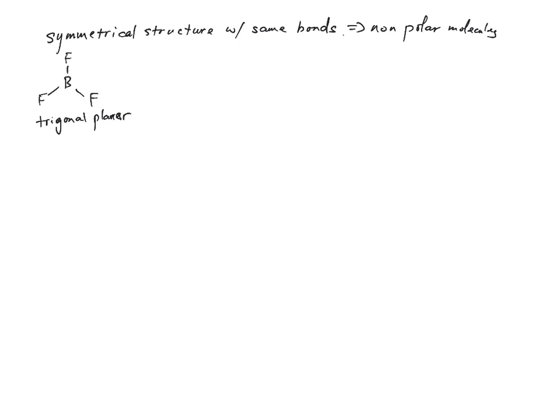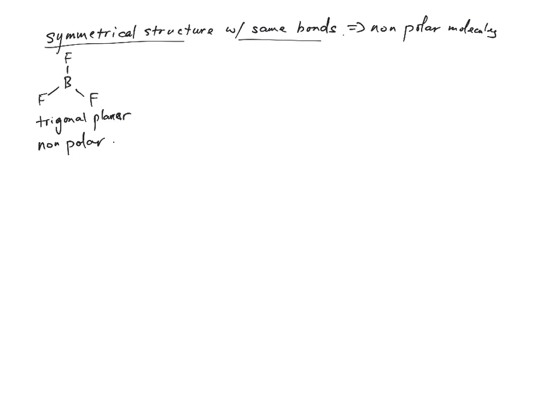Each boron-fluorine bond is a symmetrical axis of the triangle shape, and this is a non-polar molecule. Symmetrical structure, same bonds.